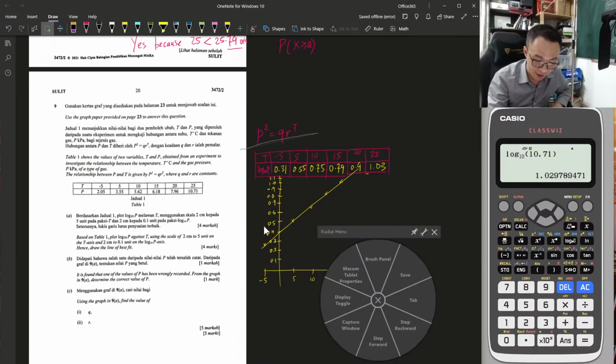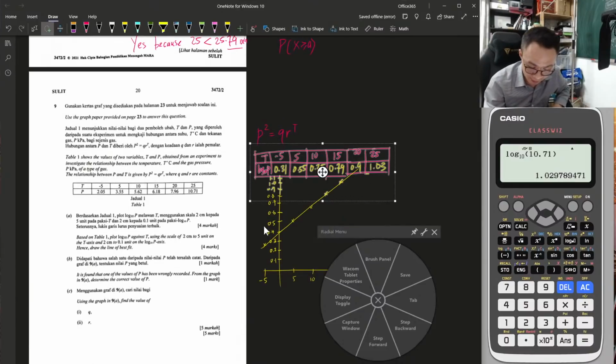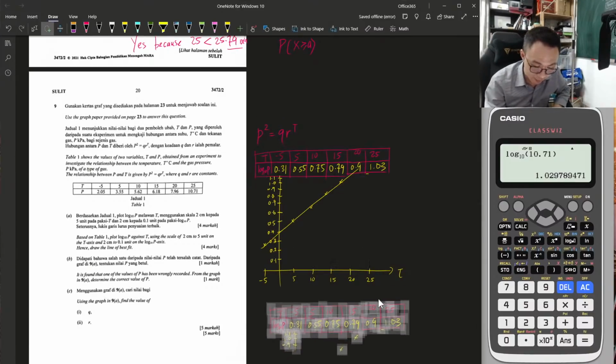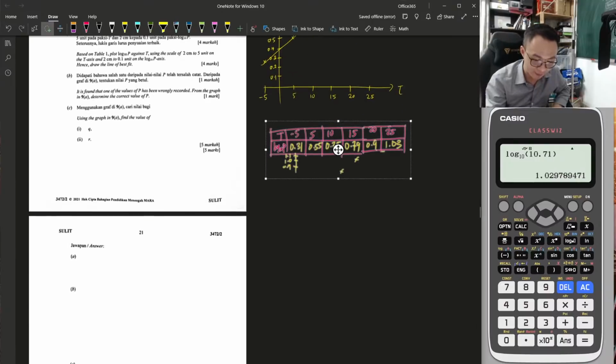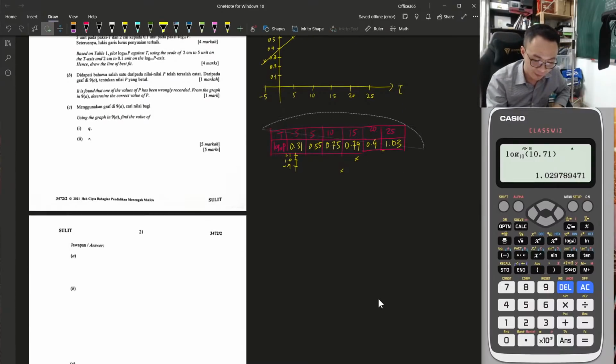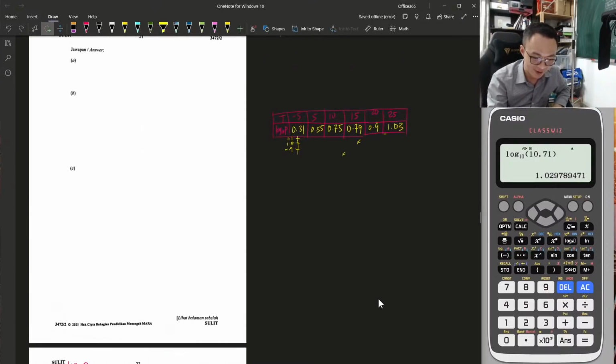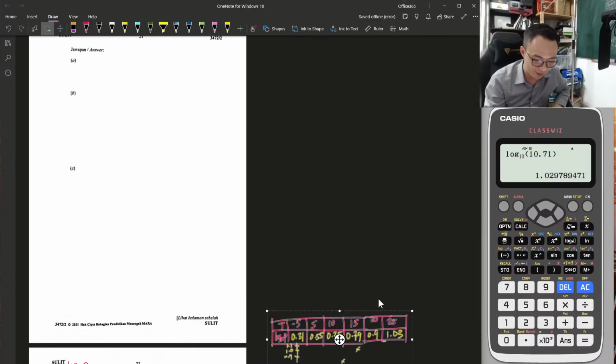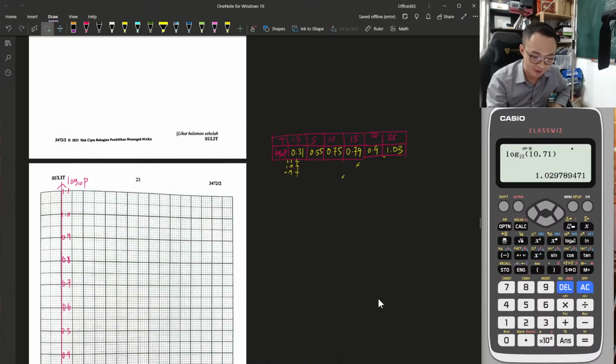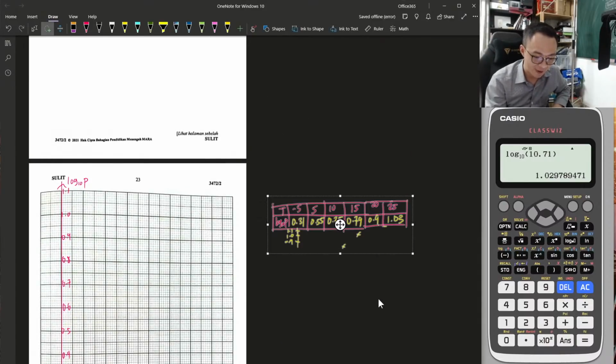I want to crop it and then move it to the bottom. It's so hard to use this OneNote. Please follow me to the bottom.